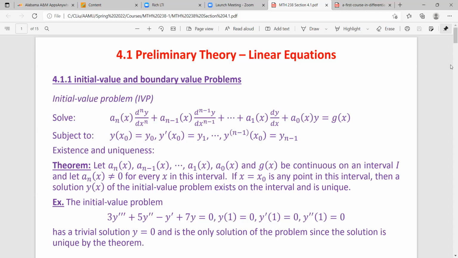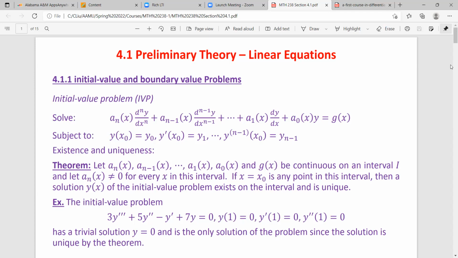But for an initial value problem, we need the initial conditions where we start. That's defined at x equal to x0. We just give the initial values for y and the derivatives of y up to the (n-1)th derivative.